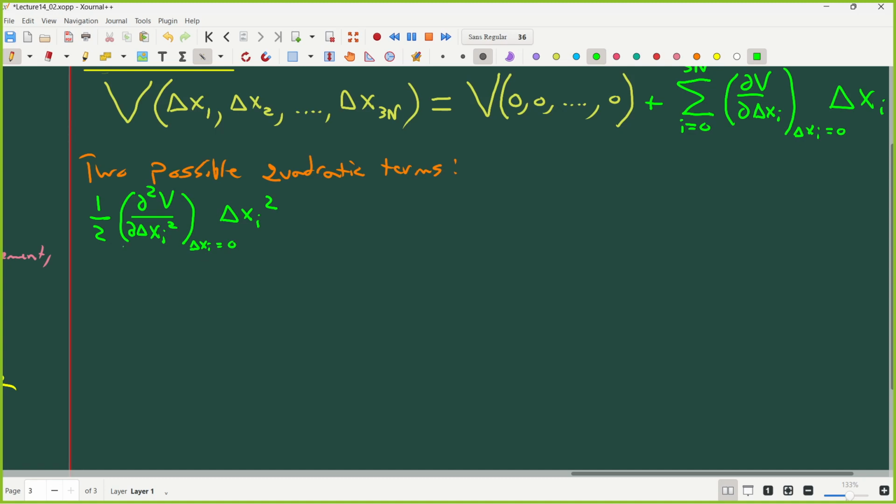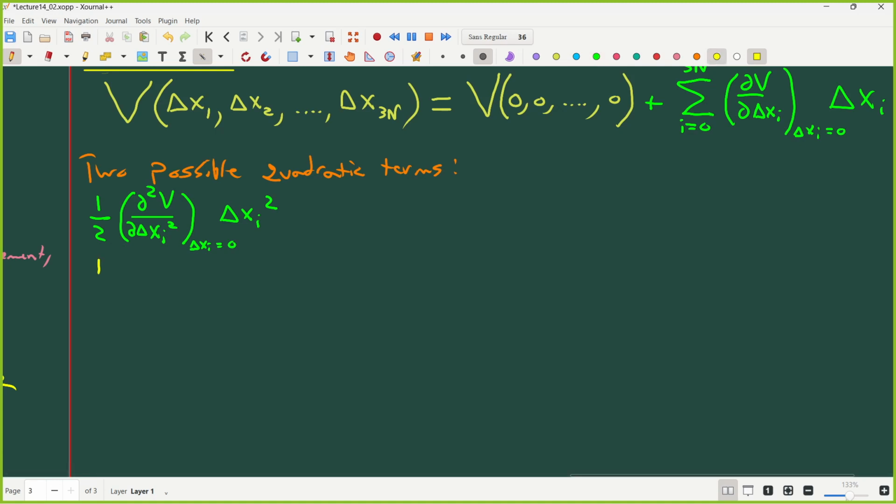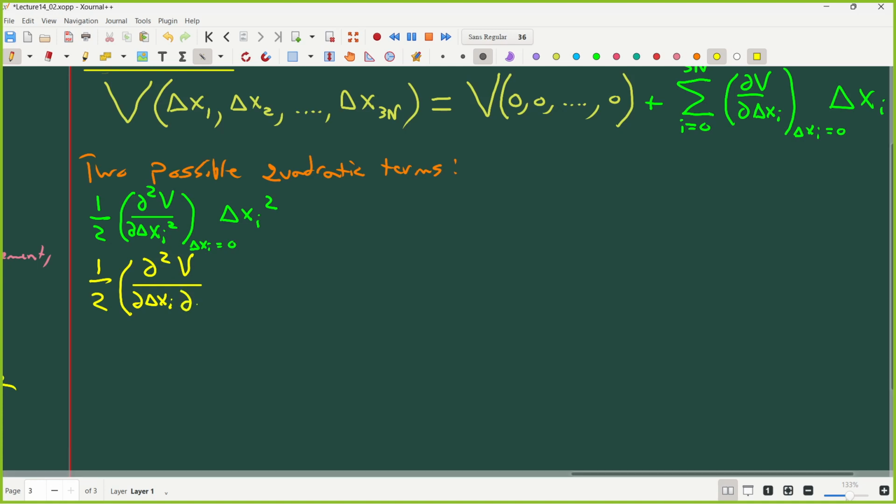But there's also cross terms. Right? There's also terms that look like this, where you take the derivative of the potential with respect to one coordinate, x sub i, and then you take the derivative of the potential with respect to another coordinate, x sub j. And again, we evaluate both of these at 0.